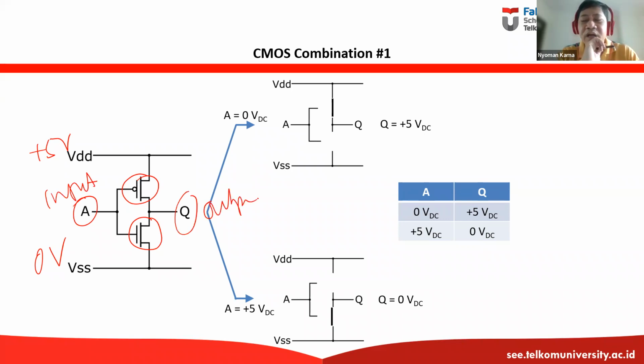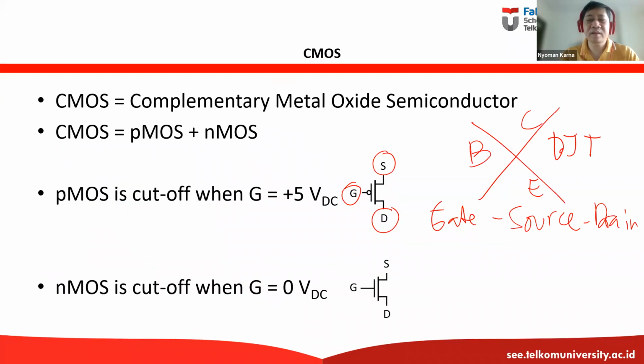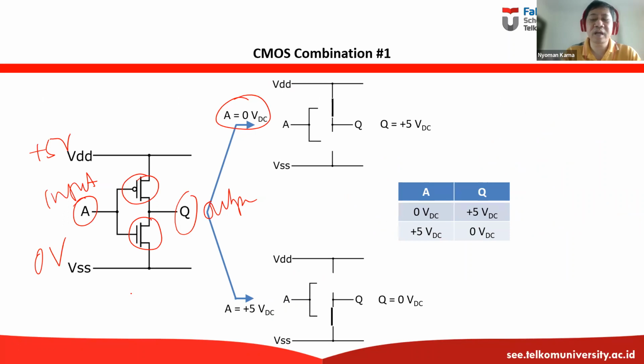Let's say I give input 0 volt. When I give 0 volt, the NMOS will be cut off, something like this.